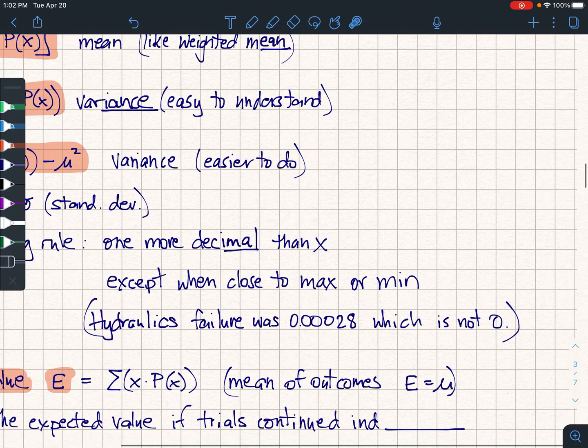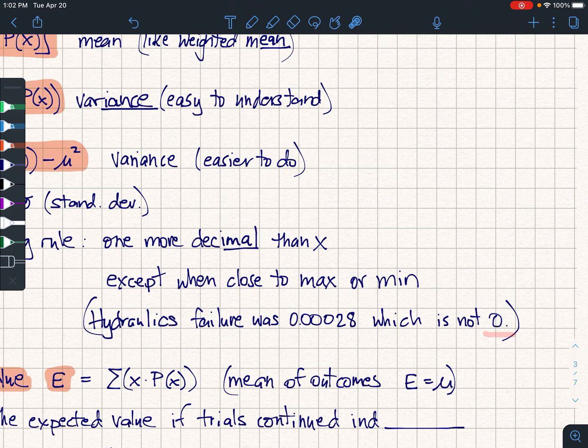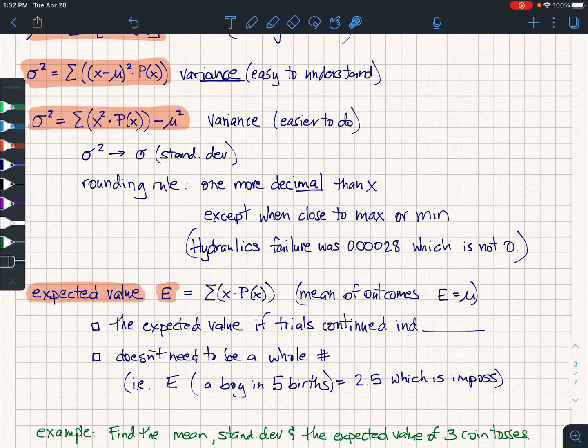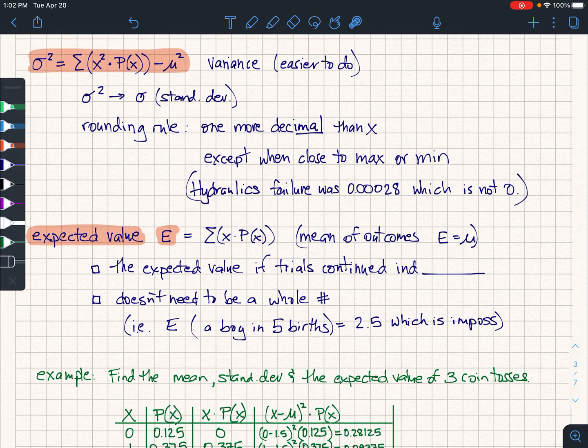And to round it to the nearest tenth would be 0, and that would be incorrect. You don't want to say that the probability of failure is 0, because it's not. It's negligible, but it's there, and we must be aware of that value.